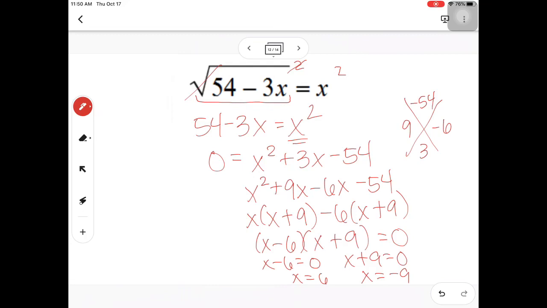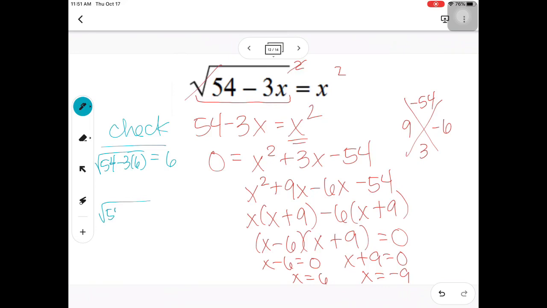The second important part here, though, that's different, besides that we turned our radical equation into a quadratic, is now we have to check our answers. When we did this before, you were not allowed to just keep those answers because they weren't both right. When we check, you're just going to plug in each one at a time. So square root of 54 minus 3 times 6, and you're seeing if that equals 6.